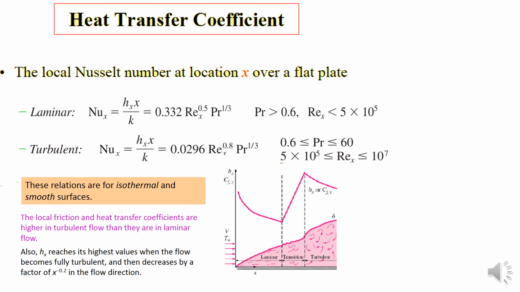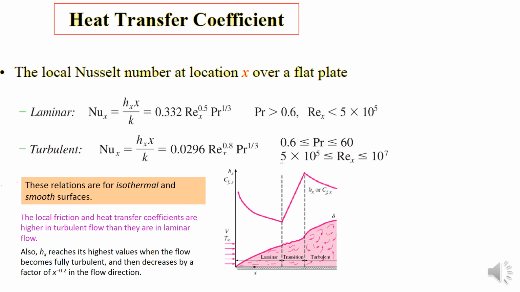I put a note here: these relations are for isothermal and smooth surfaces, meaning that the equations I showed you before for the local friction coefficient and local Nusselt number are for a flat plate with an isothermal surface, meaning that the temperature is the same throughout the flat plate.